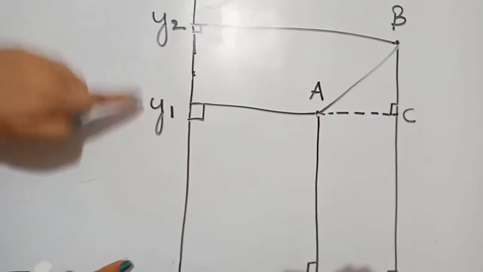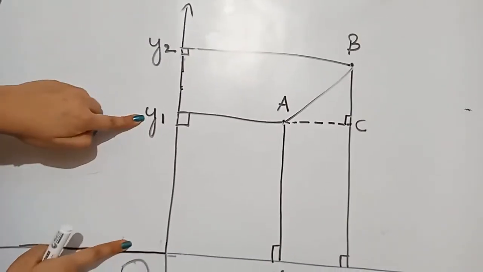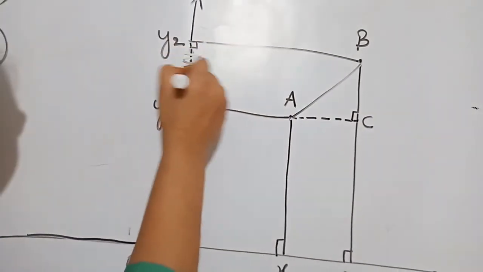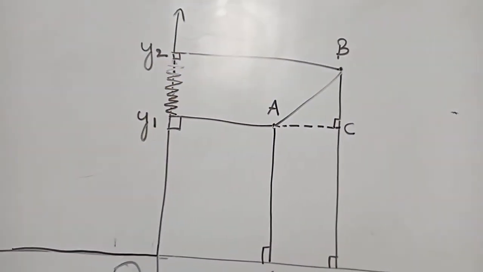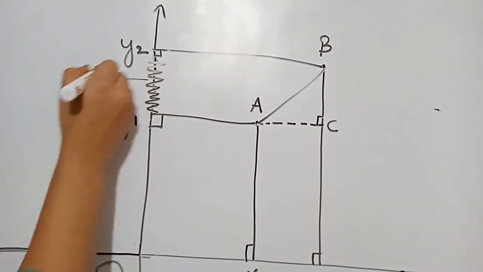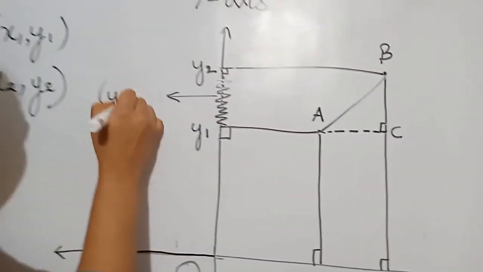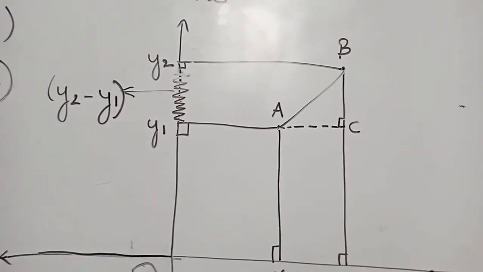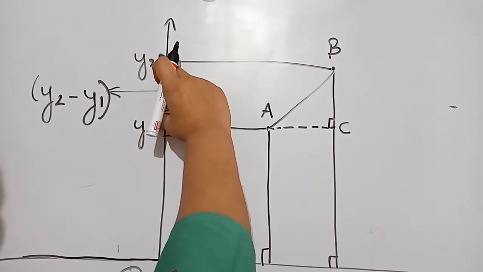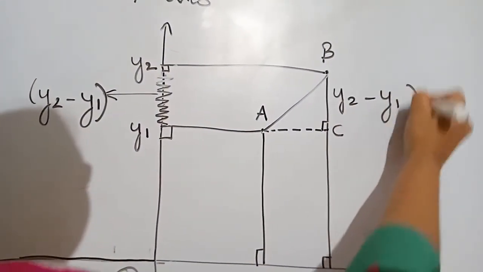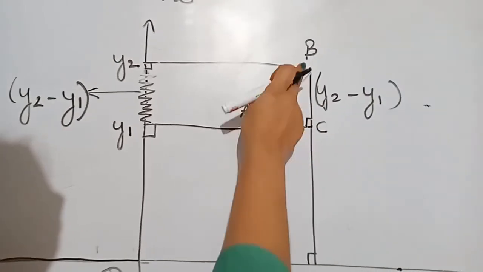From y2 we subtract y1 and we get the length of this particular line from y1 to y2. So this will be y2 minus y1. So this will also be y2 minus y1, isn't it? So we get the length of BC.